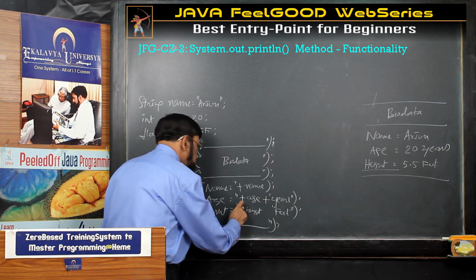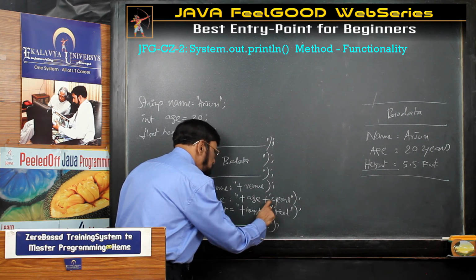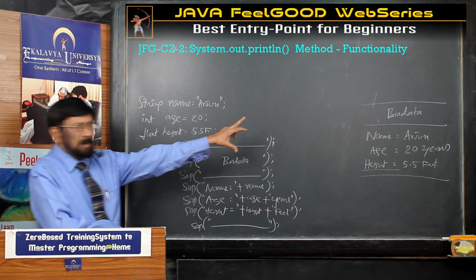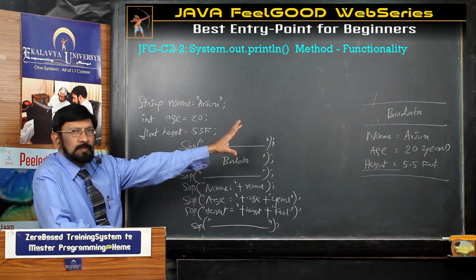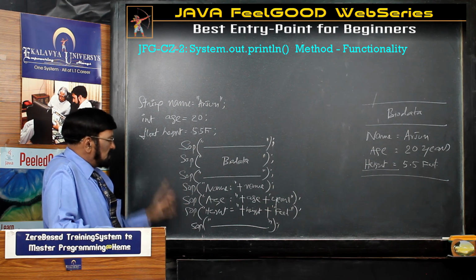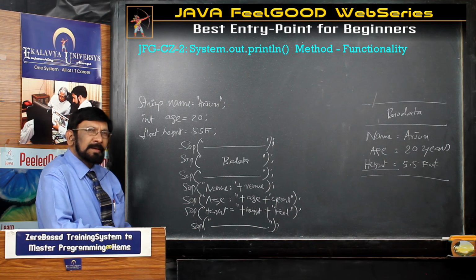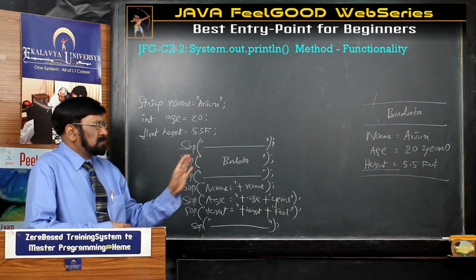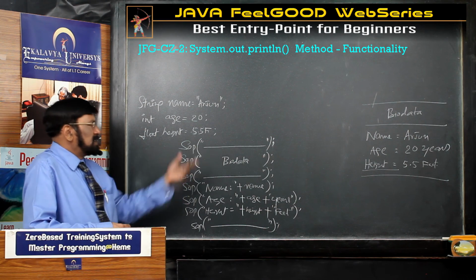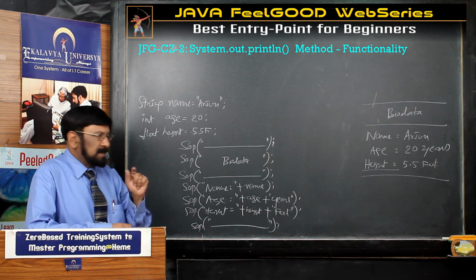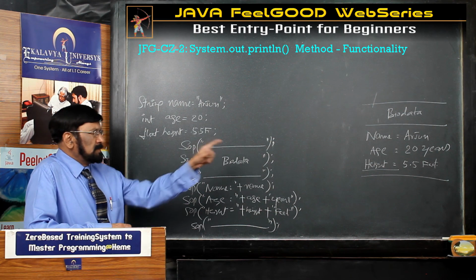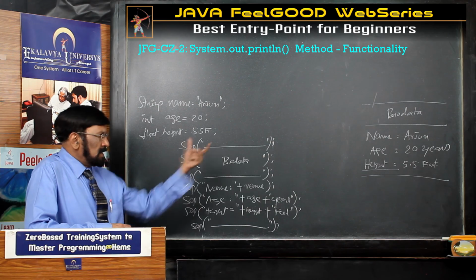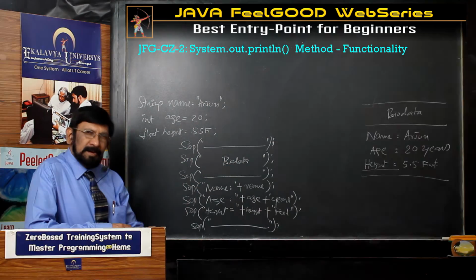So this is the way. In order to display this output on the monitor screen, 7 SOP statements we have written. This is the purpose of SOP. And one more thing, if you have any doubts on this, don't worry. In the next program itself, in the second program, we are performing this program. There, once again, I explain the same content in a detailed manner.